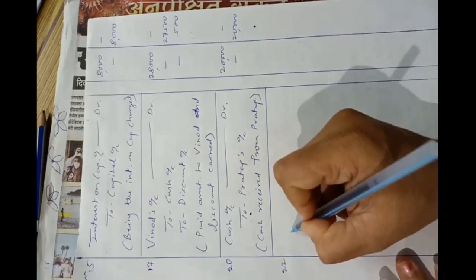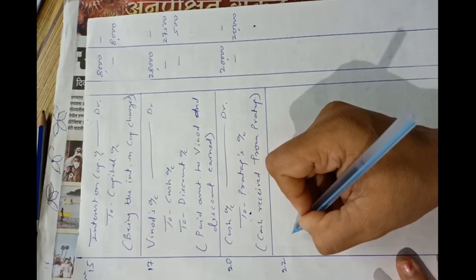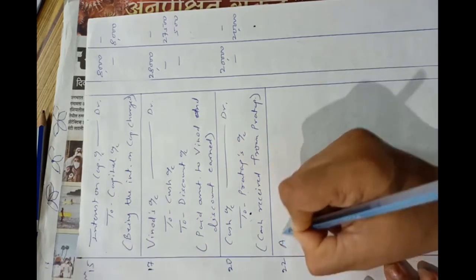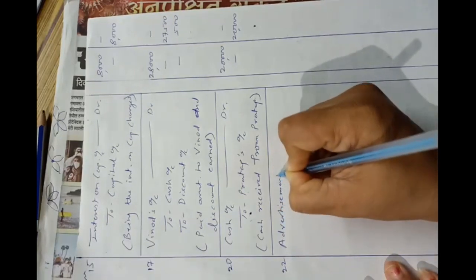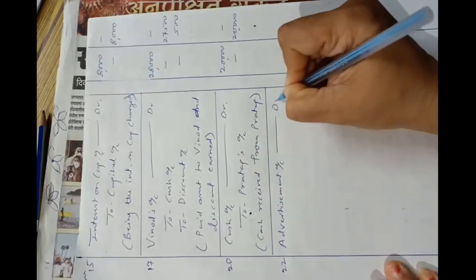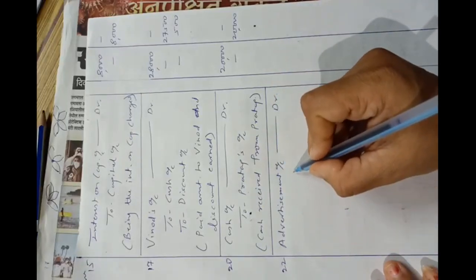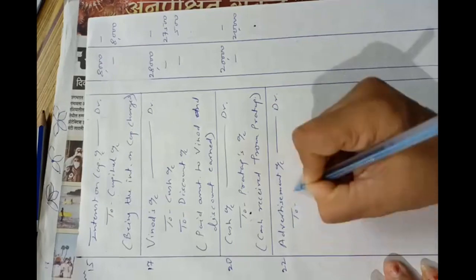Now the next entry, 22nd June. Goods worth rupees 2,500 distributed as free samples. These expenses are made for advertisement of our goods. So advertisement account will be debited, or you can say advertisement expenses account debit to purchases account.